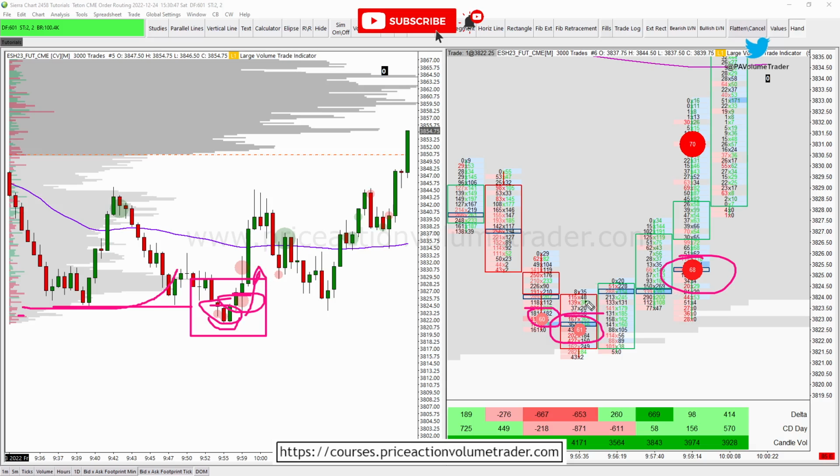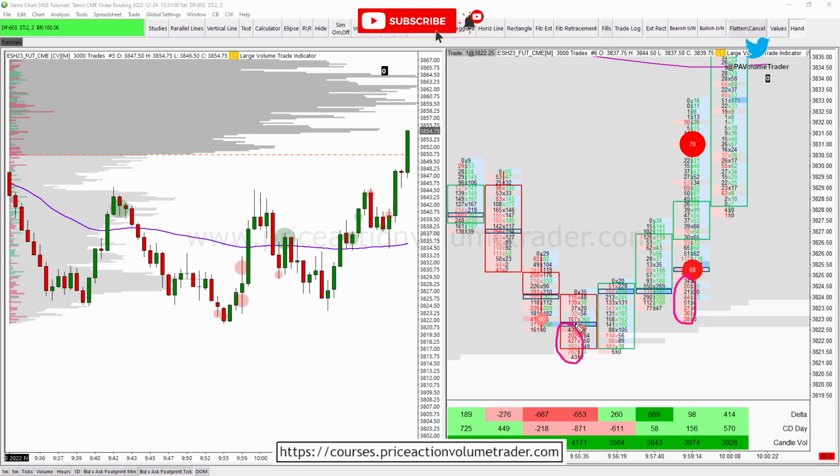The market reverses, and now all these large volumes that were selling here are caught on the offside. You can see here on the footprint chart, at the bottom of the candles, a bunch of aggressive bearish imbalances right at the lows, and you can see big delta here.